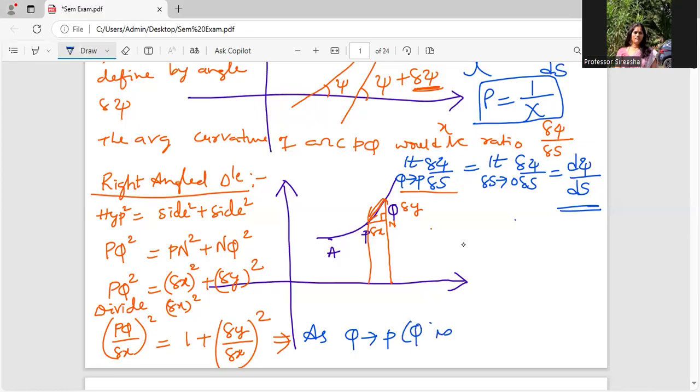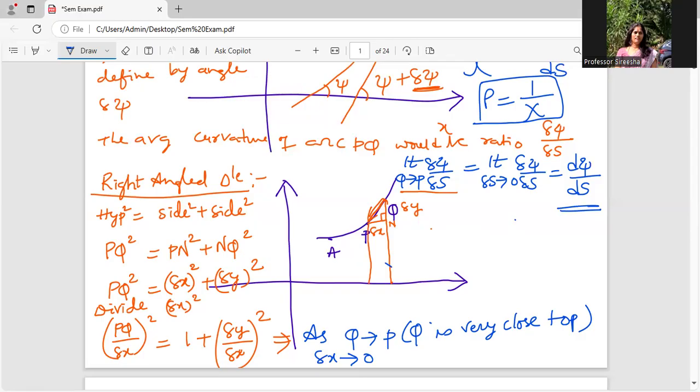Q is very close to P, and the difference between P and Q has become negligible, almost tending to zero. Negligible is denoted by tending to zero. The difference between P and Q, whatever is there, vanishes off.